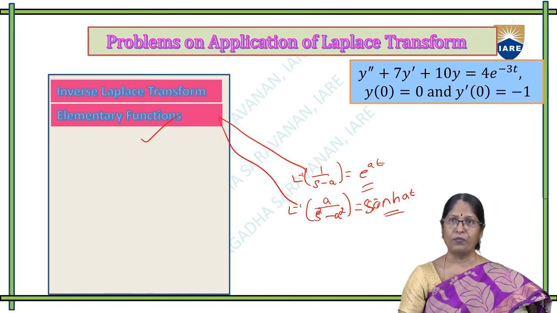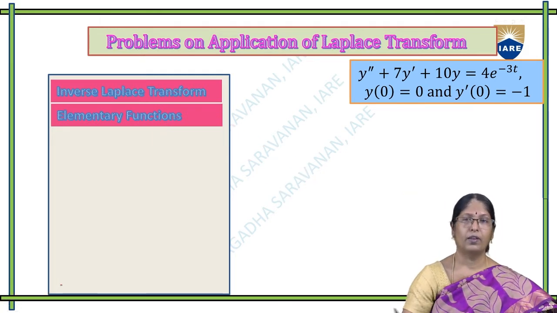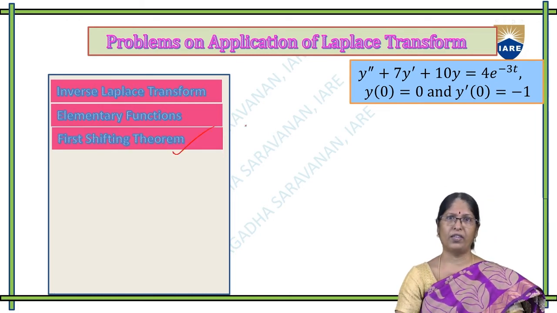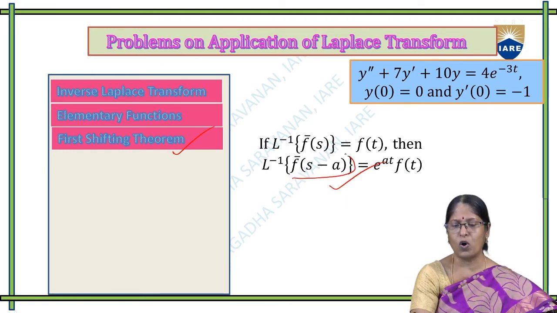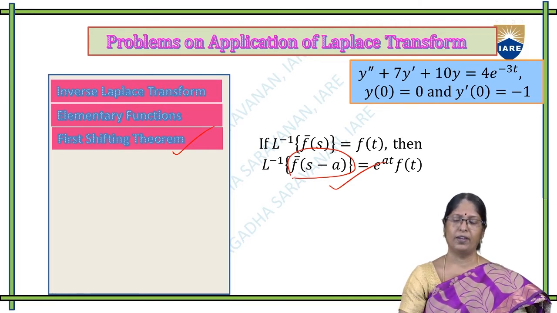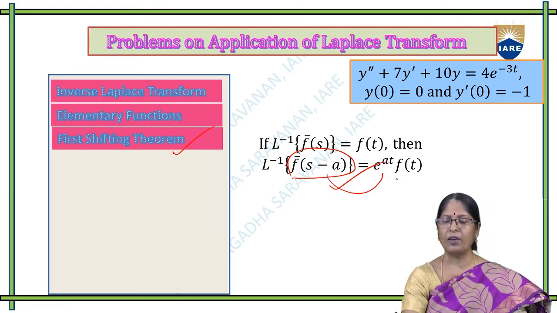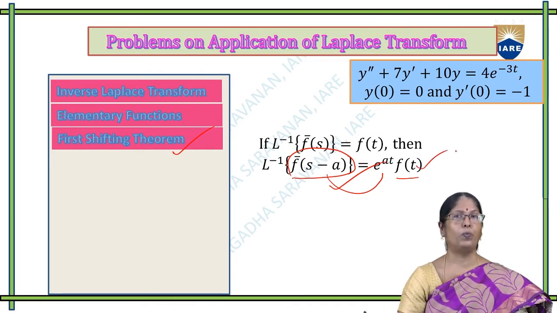If not, in whatever form it comes, the first shifting theorem is the final stage. If it is in the format f bar of s minus a, then we will write e power at into f of t. This way also we can move.